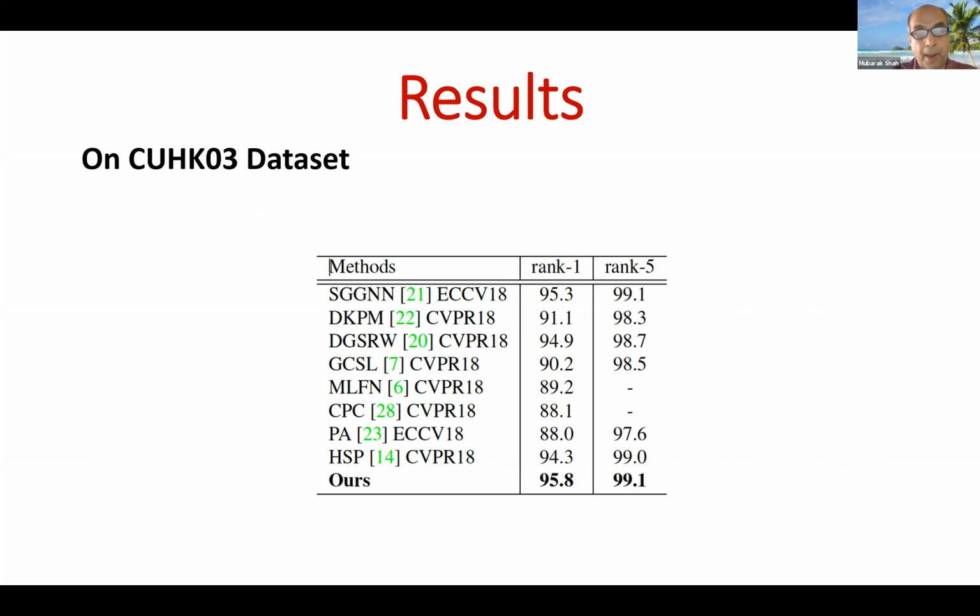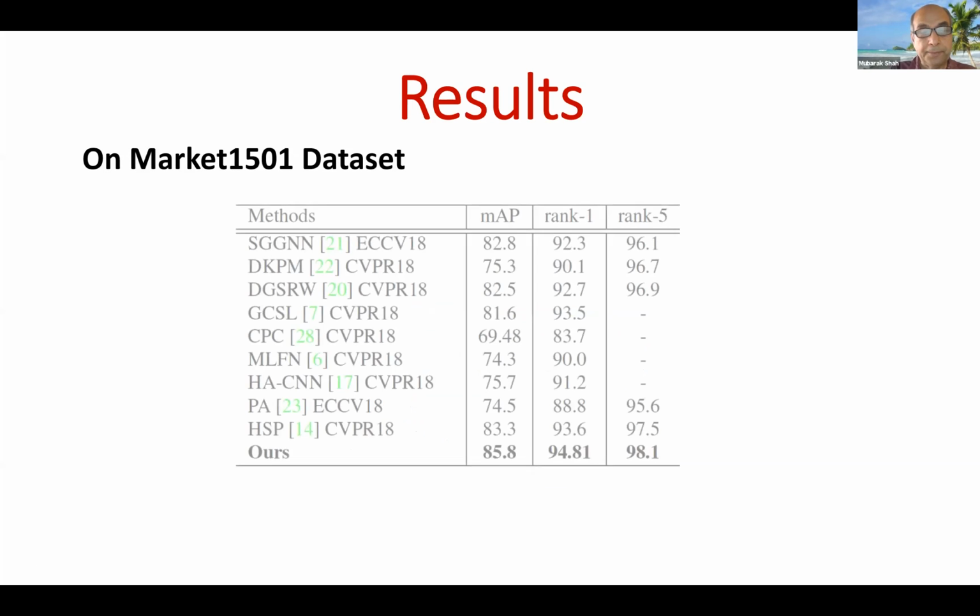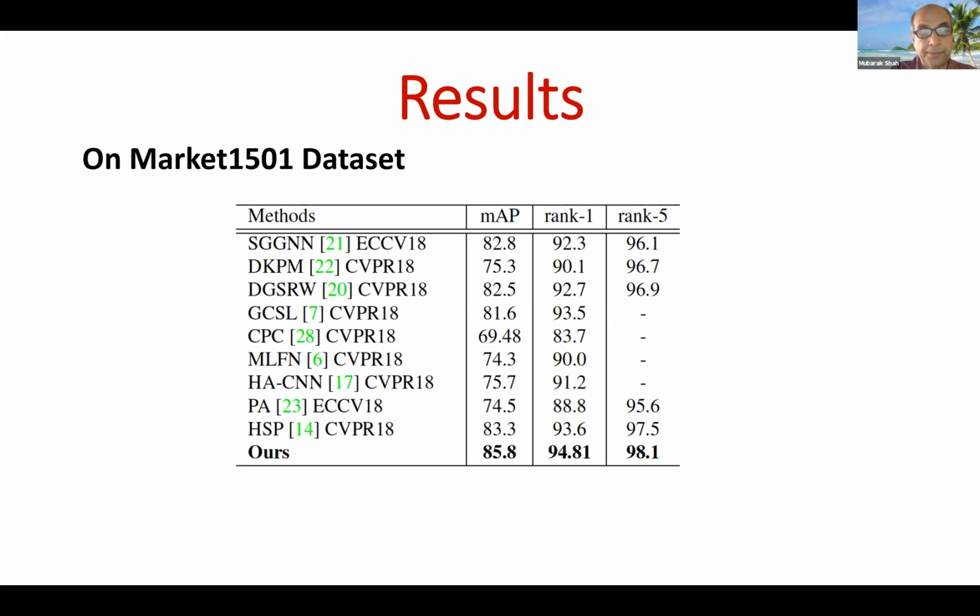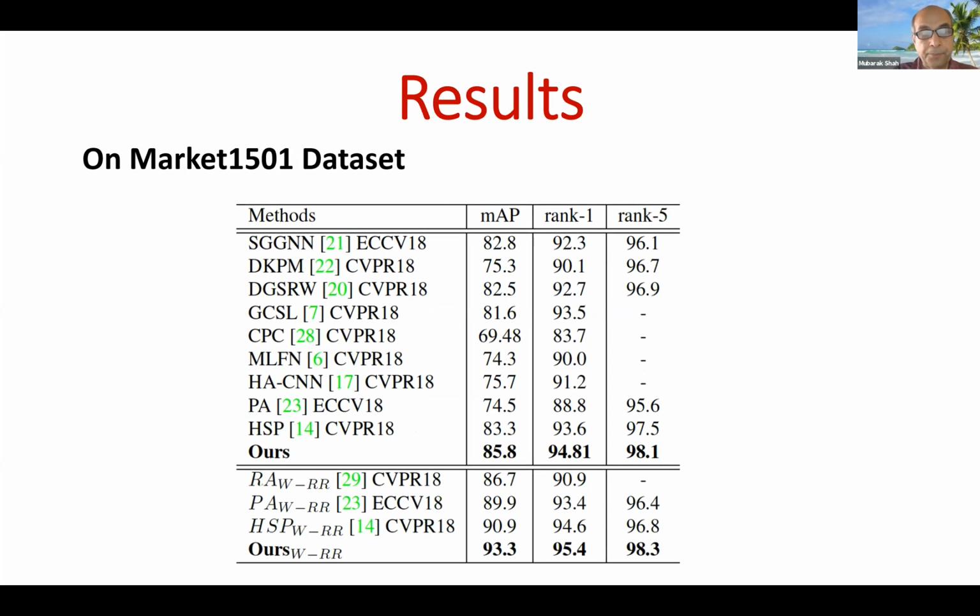Now this is a comparison between the state of the art from last year and our results. We get a little more than 1.5% improvement, and this is on the Market dataset. We also get improvement here.